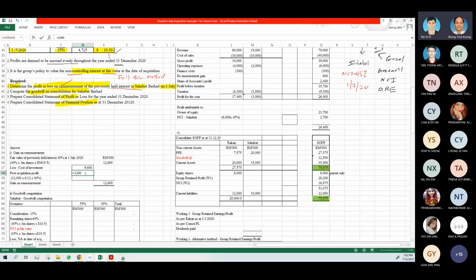So 6 months, 6 over 12 times 40%. So you get 2.4 million. So you sum up this thing. So the previously held share, you minus it. So the difference, 600 is the remeasurement gain of previously held share. Can follow?